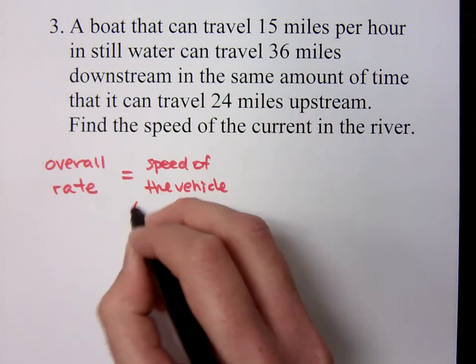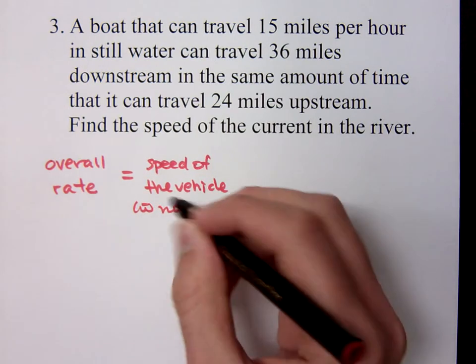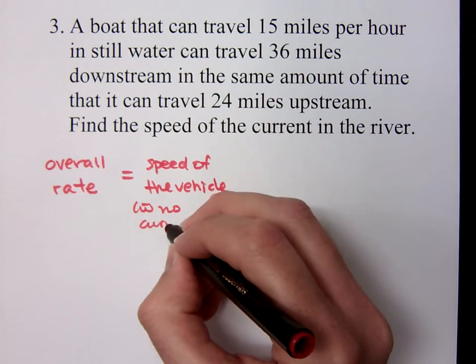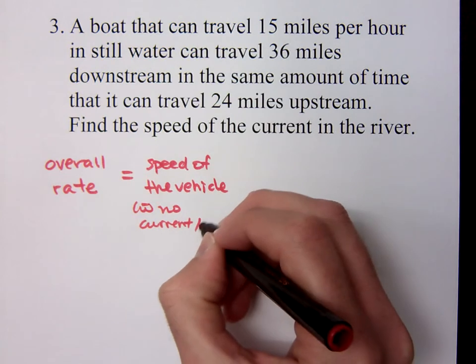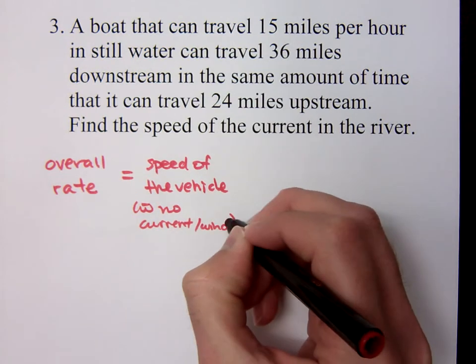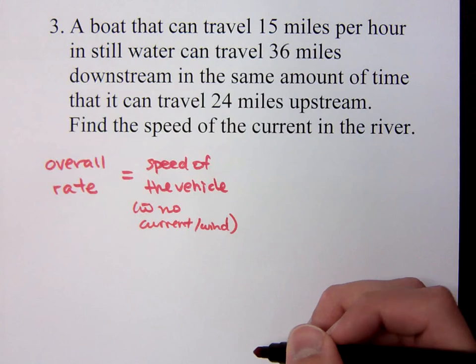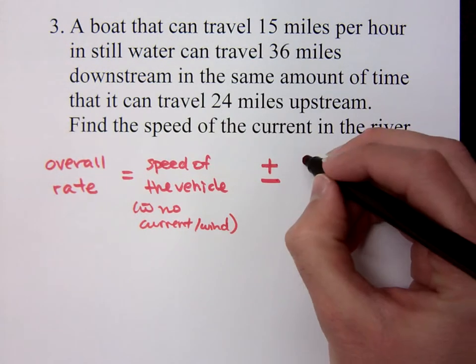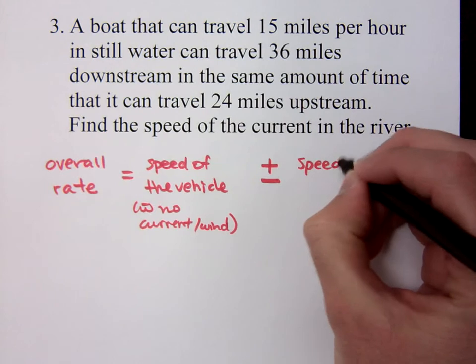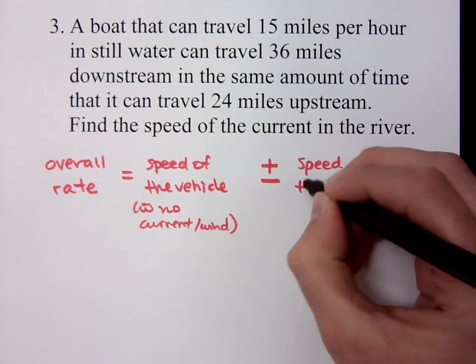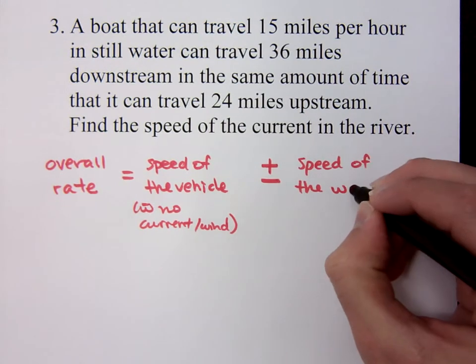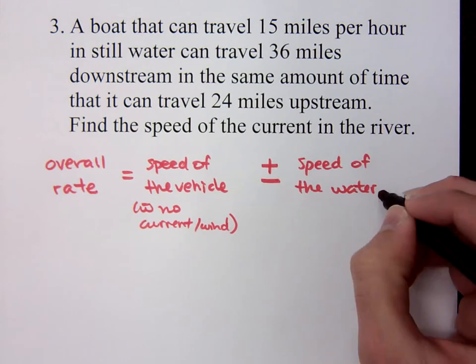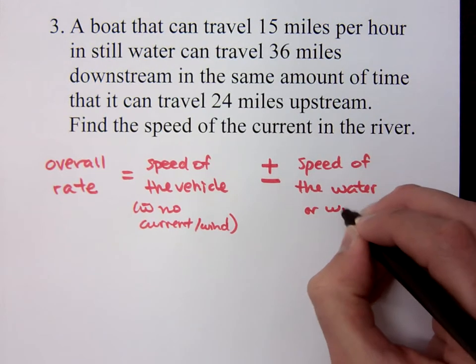It's the speed of the vehicle, I'm going to say, with no current or no wind. It really depends on the situation. And then plus or minus the speed of the water or wind or whatever it happens to be.